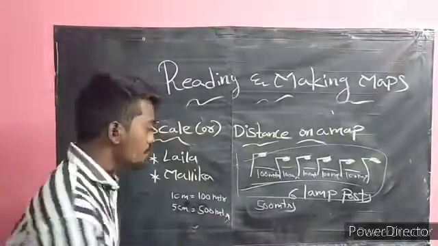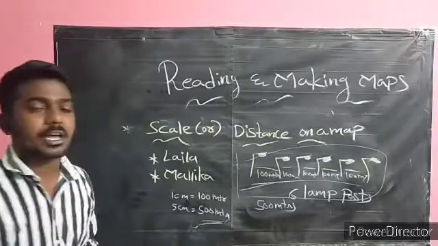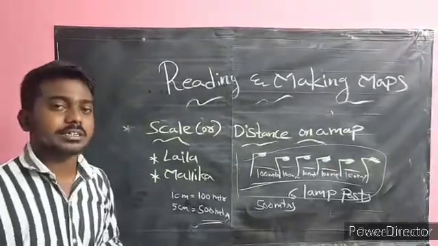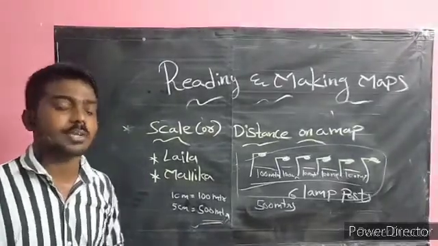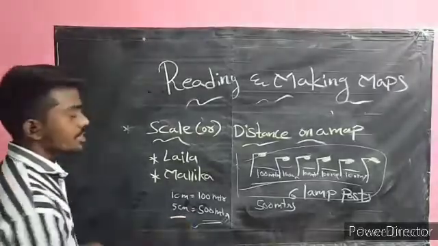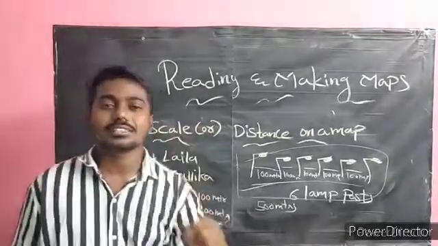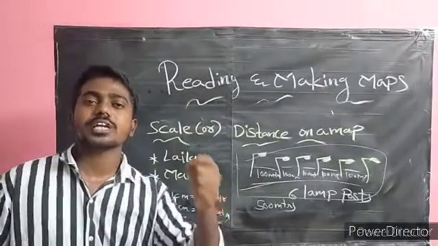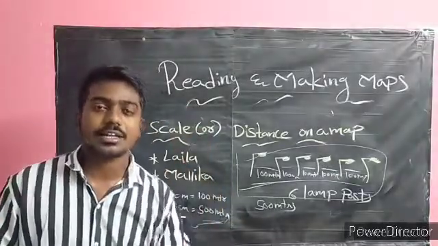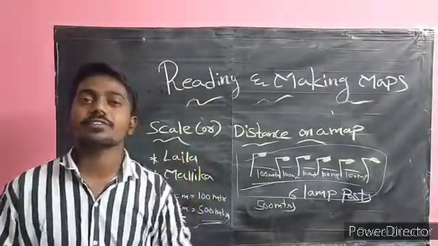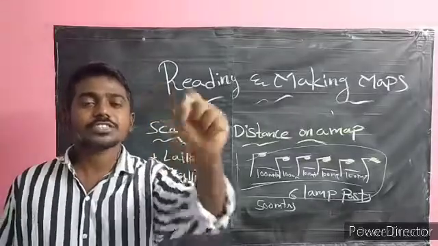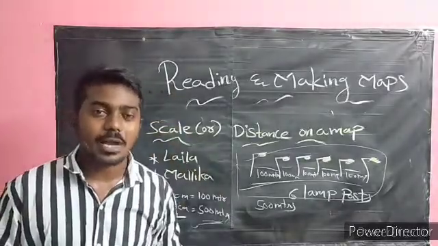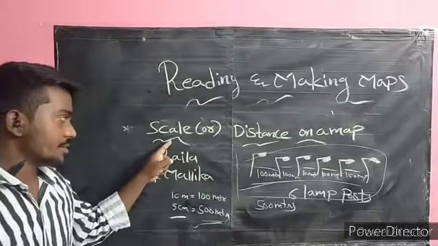The actual size of the bridge is 500 meters, but Laila reduced the size of the bridge to 5 centimeters. This is called the scale. To reduce the actual size on a map is called scale. Again, I am saying once again, to reduce the actual size on a map is called scale.